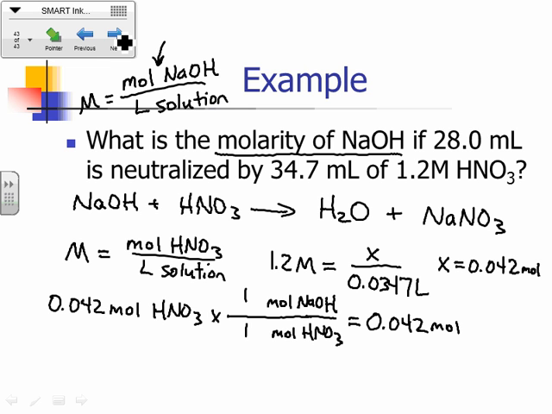And I know the volume of my solution for my NaOH, right? That's going to give me my molarity. So it's going to be 0.042 moles divided by, and again, you have to change this to liters, so it's going to be 0.0280 liters.